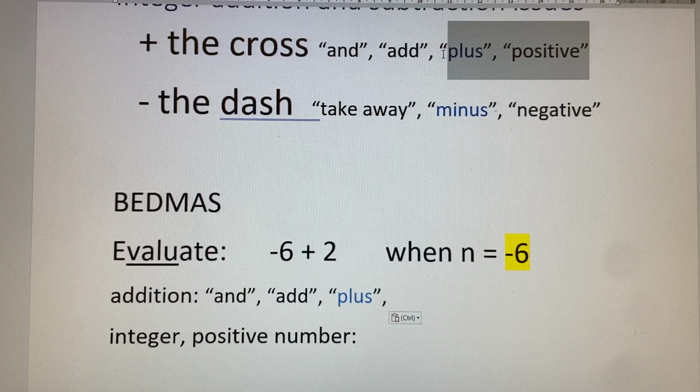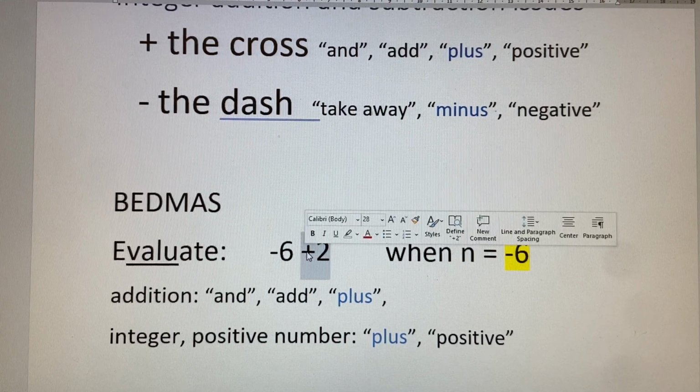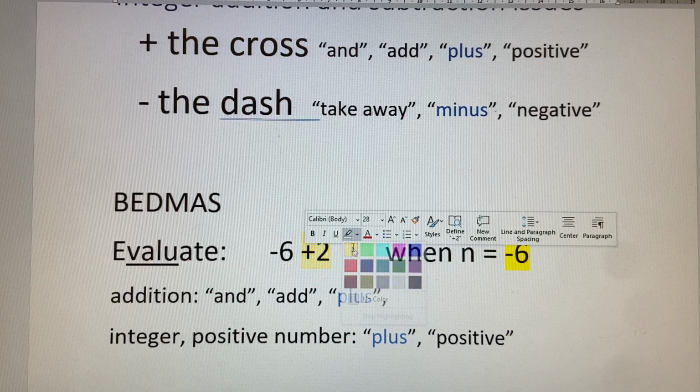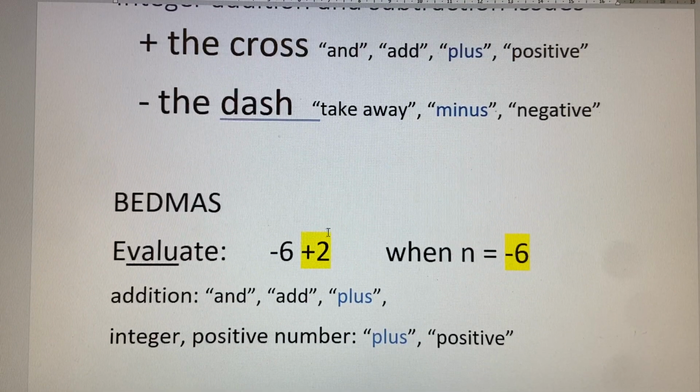These synonyms have a sense of integer, because this 2 too can be thought of as positive 2, not just a number, not just a quantity, but a quantity with the sign in front of it, the sign and the number thought of as being one unit.